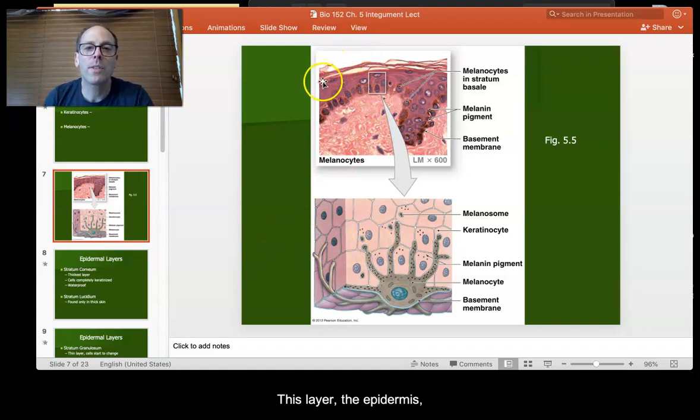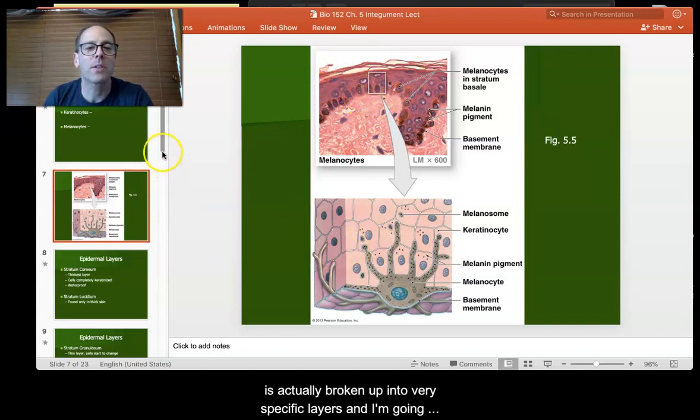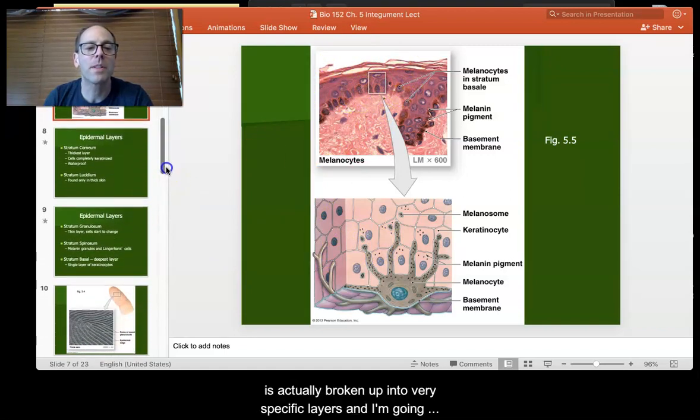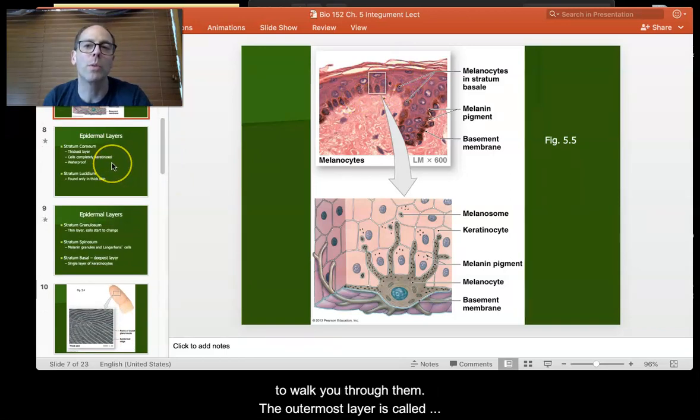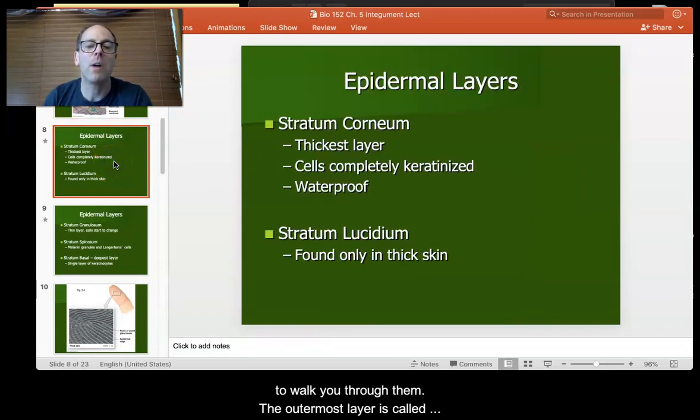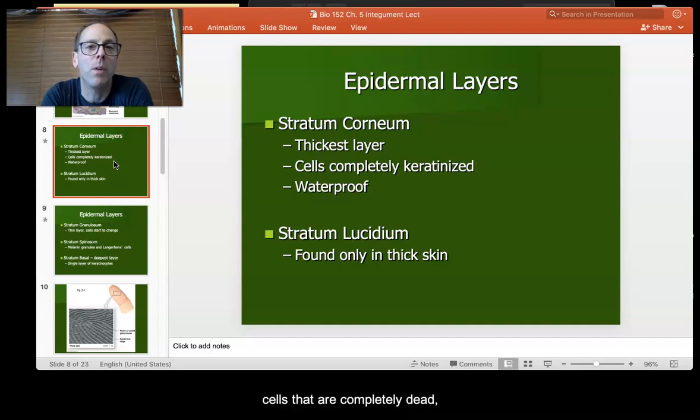So this layer, the epidermis, is actually broken up into very specific layers, and I'm going to walk you through them. The outermost layer is called the stratum corneum. Now that's the thickest layer of your skin that is made of waterproof cells that are completely dead.